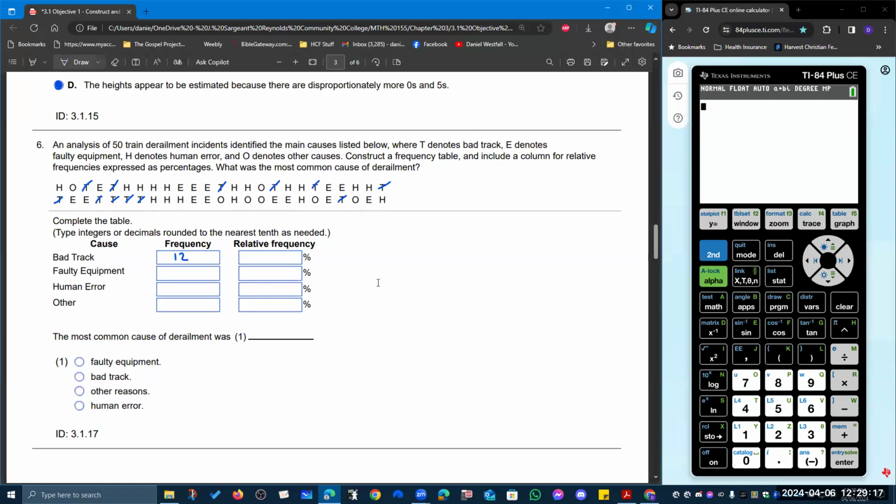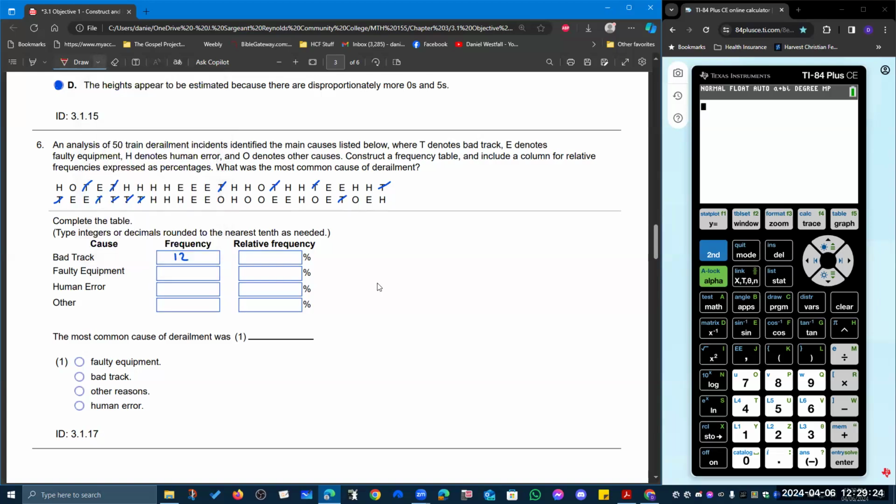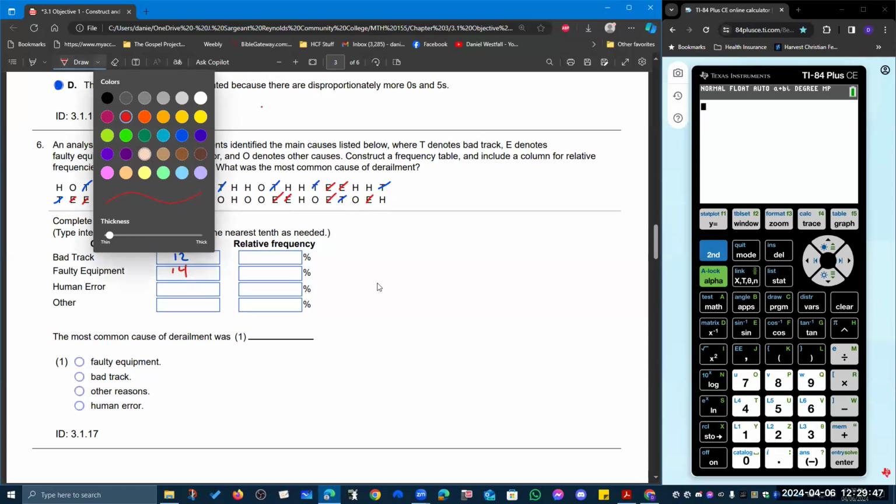Switch my color here to maybe red. E's: 1, 2, 3, 4, 5, 6, 7, 8, 9, 10, 11, 12, 13, 14. 14. Switch my color again to maybe green.